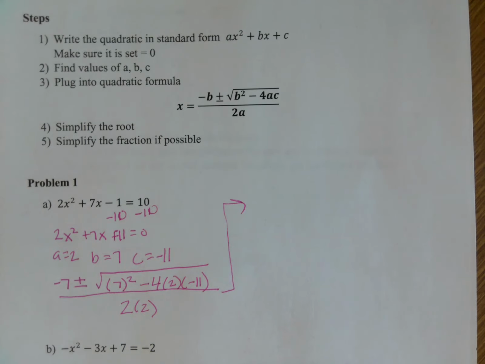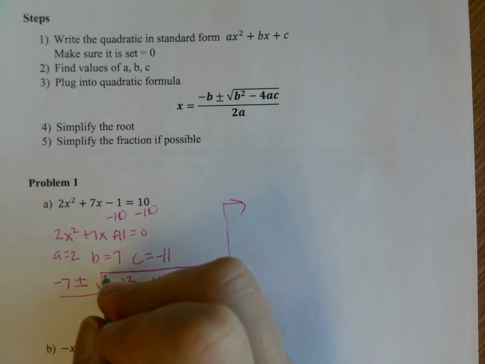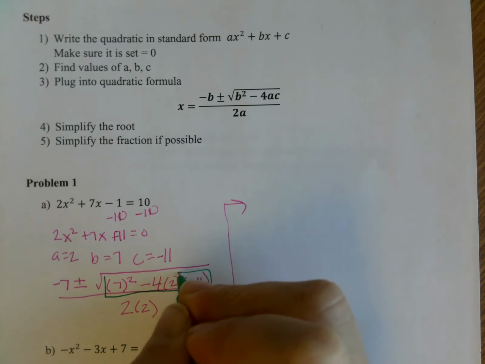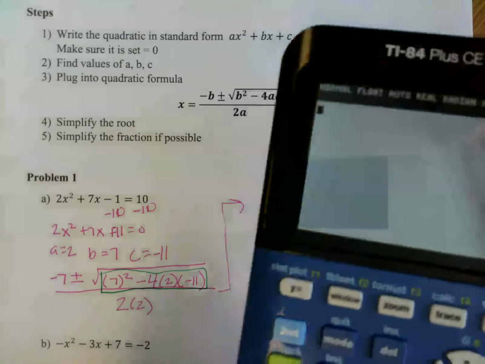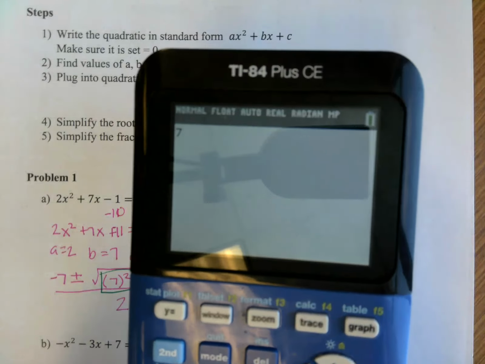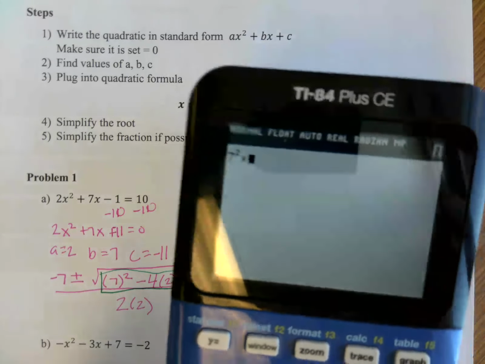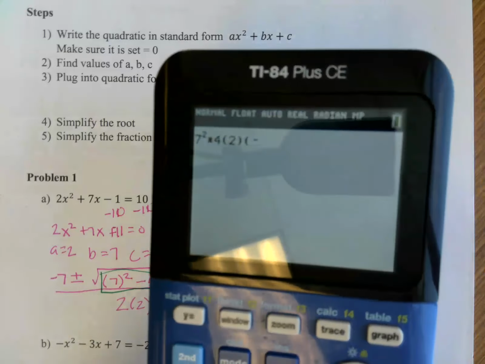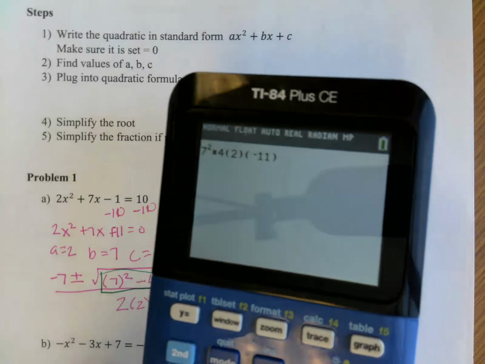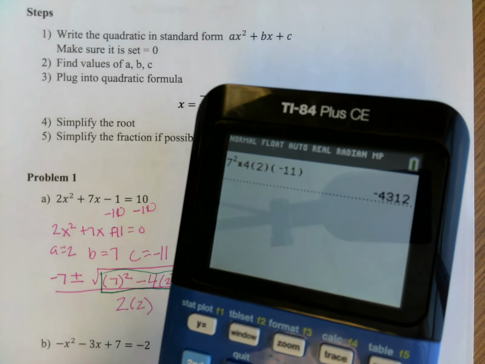Now, what you always want to do first is simplify this part right here. That's called the discriminant. So you want to plug that into your calculator first. Now, when I plug that into my calculator, that's the same thing as 7 squared minus 4 times 2 times negative 11. Bam! I did something wrong.